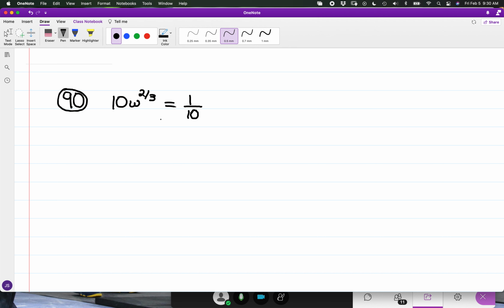We have w raised to a non-integer power, and we're going to be converting w to the 2/3 into its radical equivalent. The nth root of a to the m is the same as a raised to the m over n.